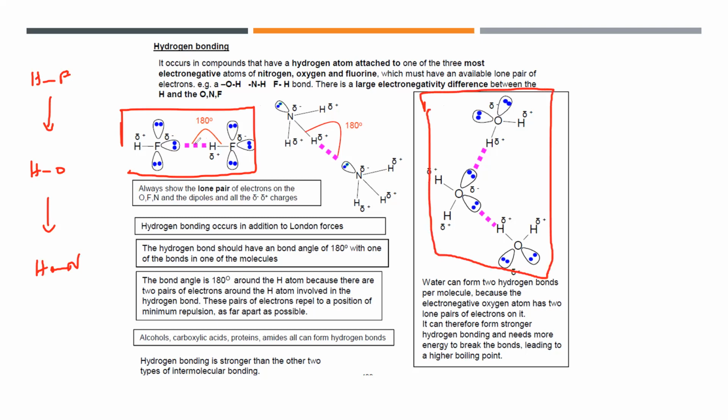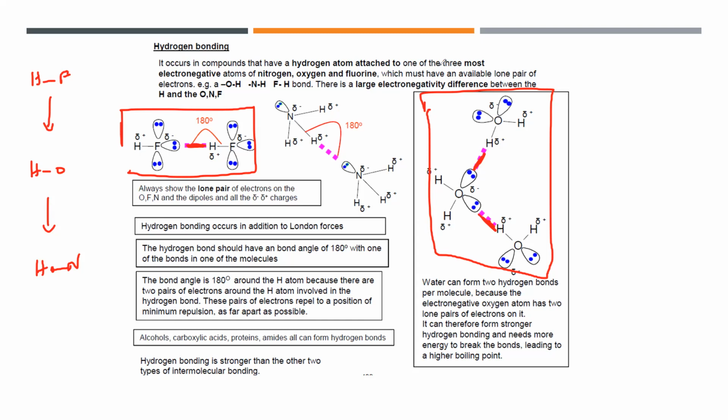What is the reason? Because in HF there is only one hydrogen bond between the two molecules, but in the case of water, each molecule can form two hydrogen bonds. That's why the boiling point of water is high, even though its hydrogen bond is relatively weaker compared to that of hydrogen fluoride.